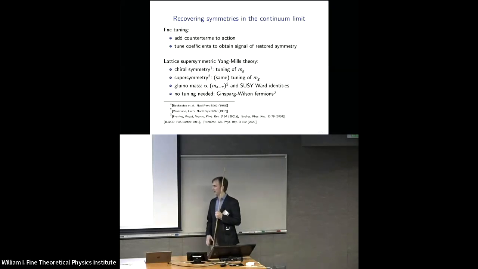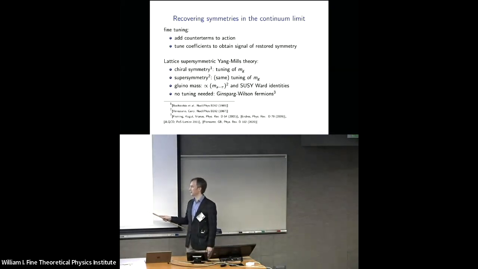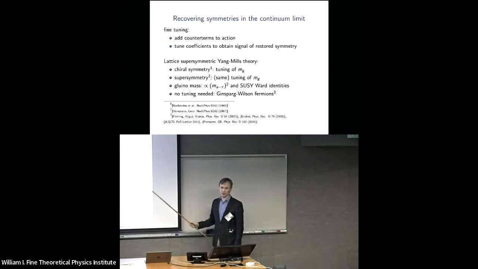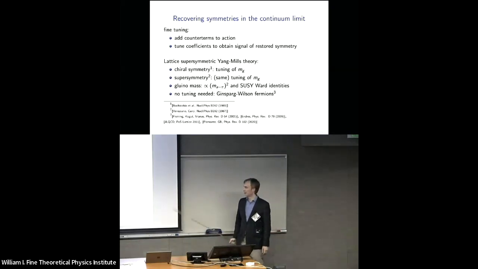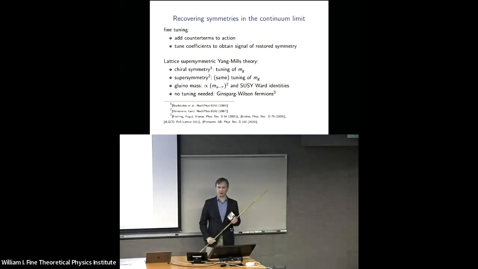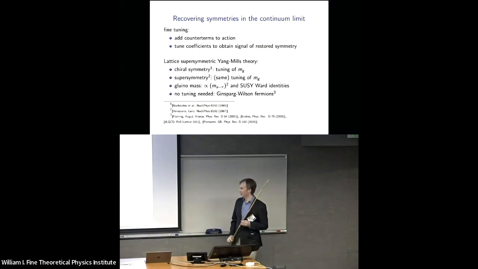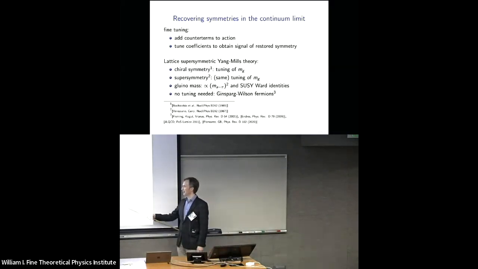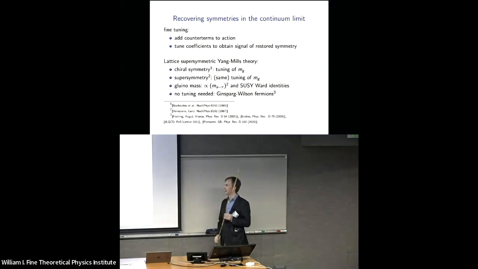The good thing is that you can analyze the supersymmetric Ward identities and all kinds of operator mixings, and you will find that in that case, the same tuning of the same parameter is also enough to recover supersymmetry in the continuum limit. So you end up doing basically the same thing that you would also have to do for QCD, with one additional difficulty, which is to define a chirally symmetric point, because we don't have the same chiral symmetry as in QCD.